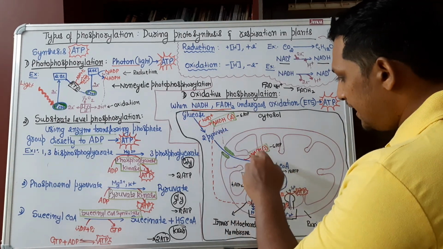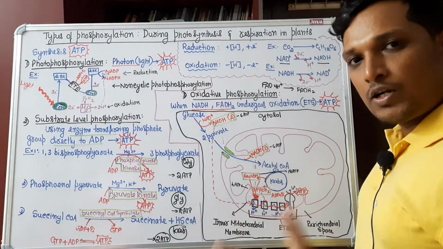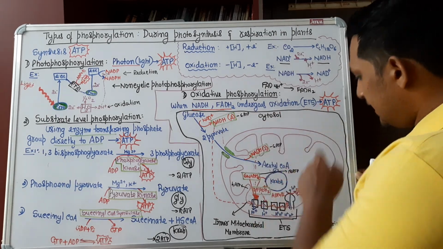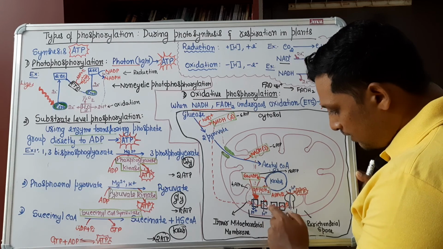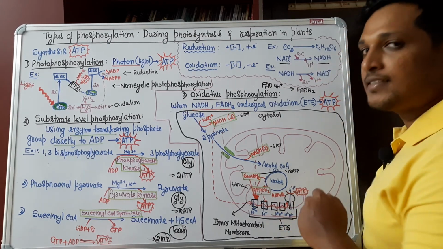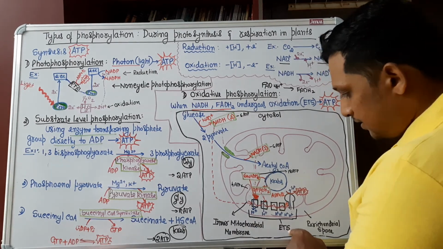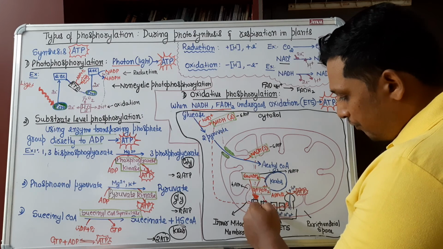Now all these NADH and FADH2 will undergo oxidative phosphorylation. What is oxidative phosphorylation? In the inner mitochondrial membrane, there are 5 protein complexes located, known as the electron transport system. I have marked it in black. All these NADH and FADH2 lose their electrons, because NADH is formed by accepting electrons.